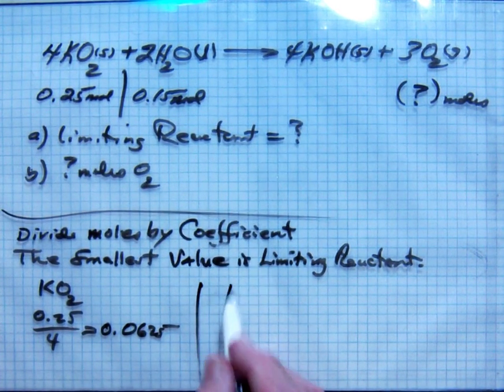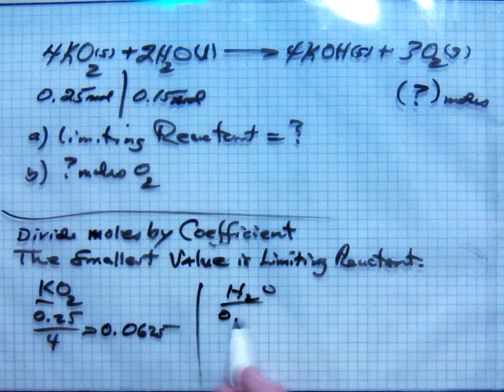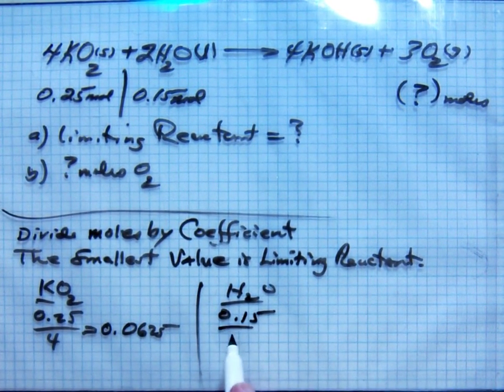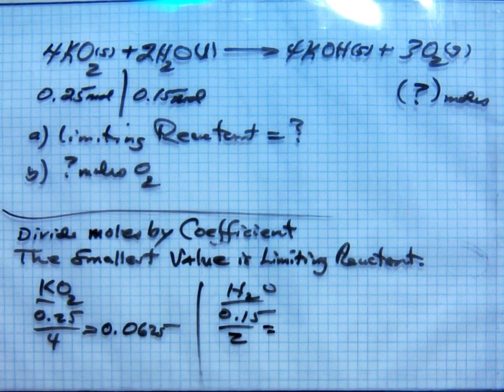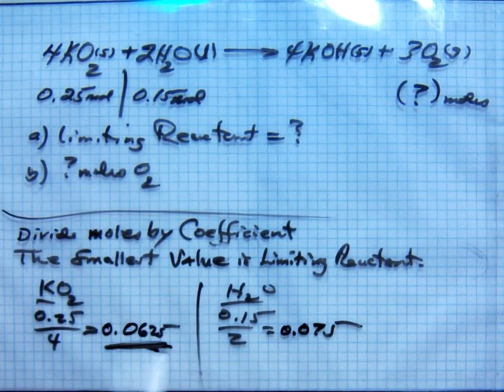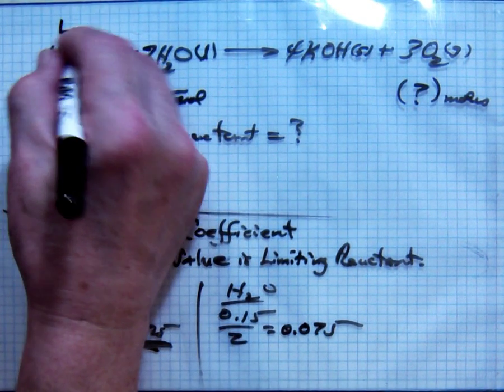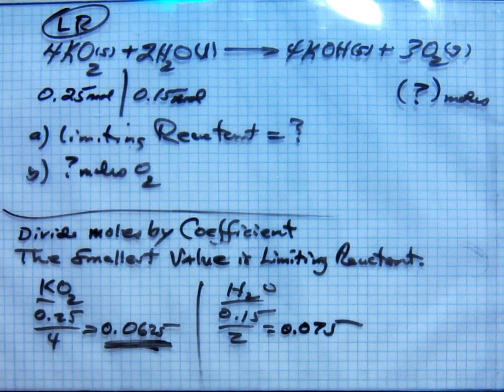And if I'm working with the water, I have 0.15 divided by 2, and that's 0.075. Since this number is the smaller of the two, this is your limiting reactant, superoxide.